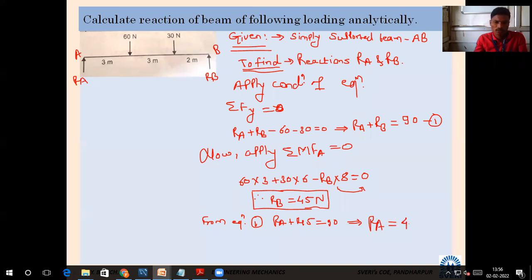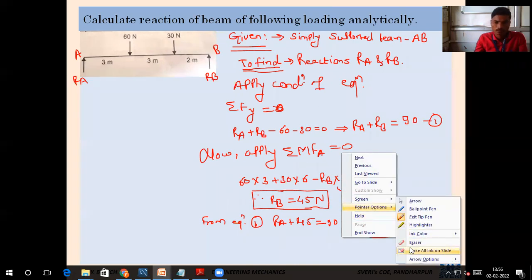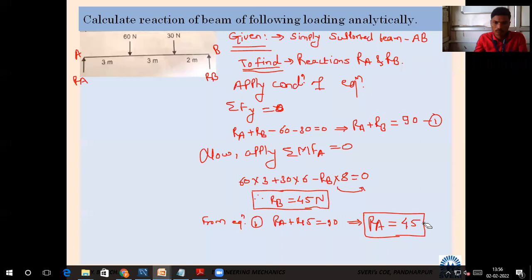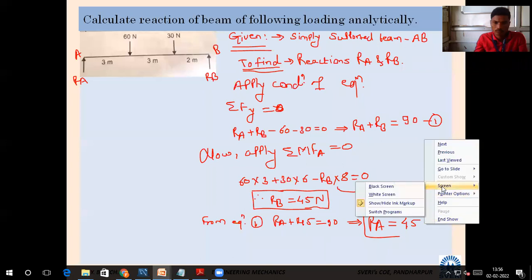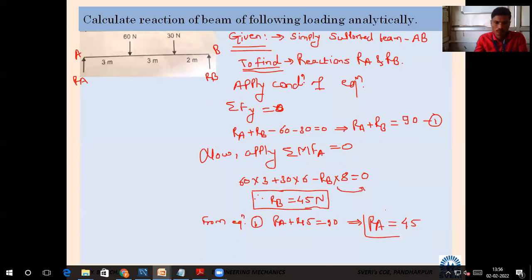Just check. Okay, so Ra and Rb are both 45.